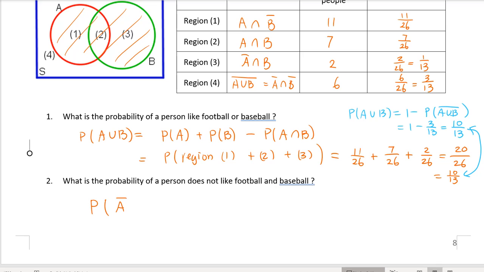Actually this is the same as the probability of A union B complement, which is exactly region 4. So that's why we get 3 over 13. So this is region 4. So far so good, everyone?